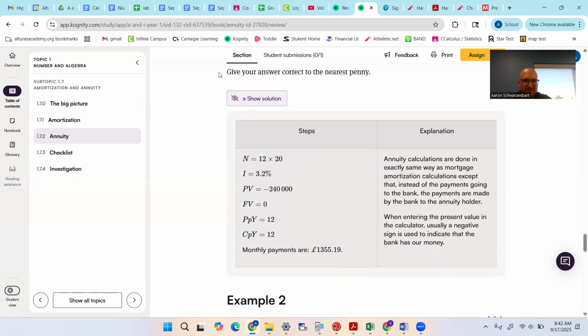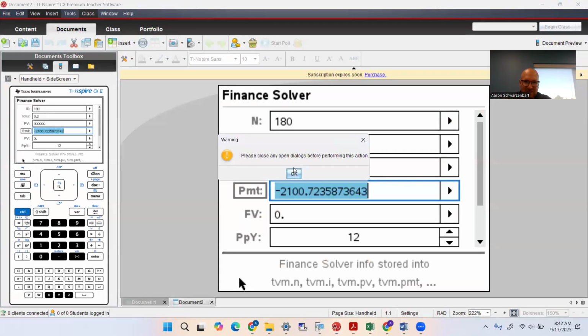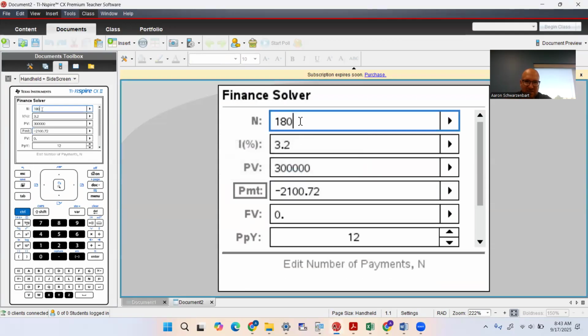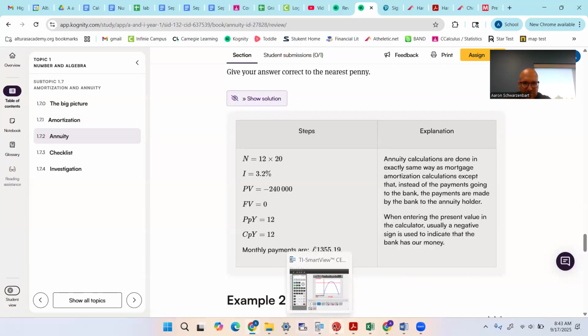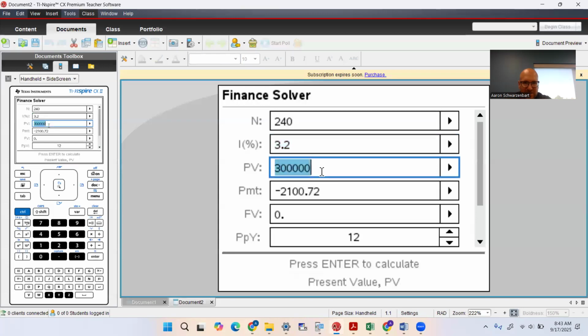That makes sense? So if we stick this into the calculator, there's tricks to this. 20 times 12. I think she gets 3.2% again. Starts with negative 240,000. She ends up with 0.